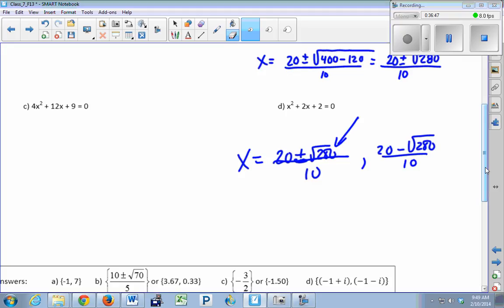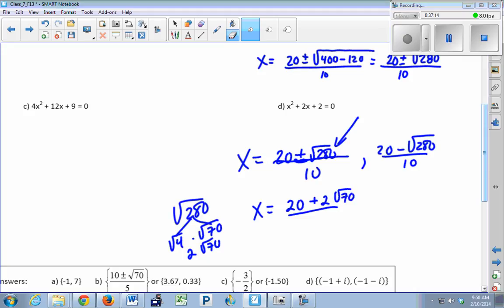I'm sure something bigger than 4 goes in there. 2 over 1. Okay, so let's see. The square root of 280 is the square root of 4 times the square root of 70. Square root of 4 is what? 2.